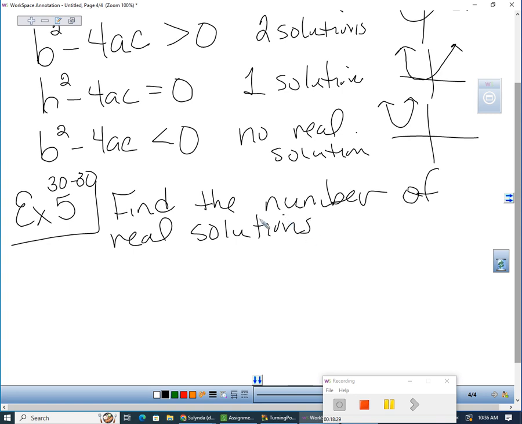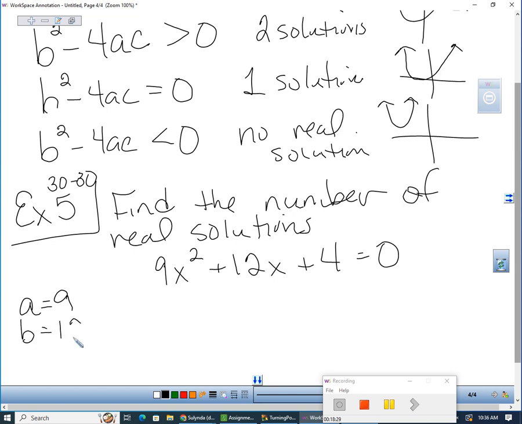Let's say you are given 9x squared plus 12x plus 4 equals 0. So what is my a value in here? b value and c value.